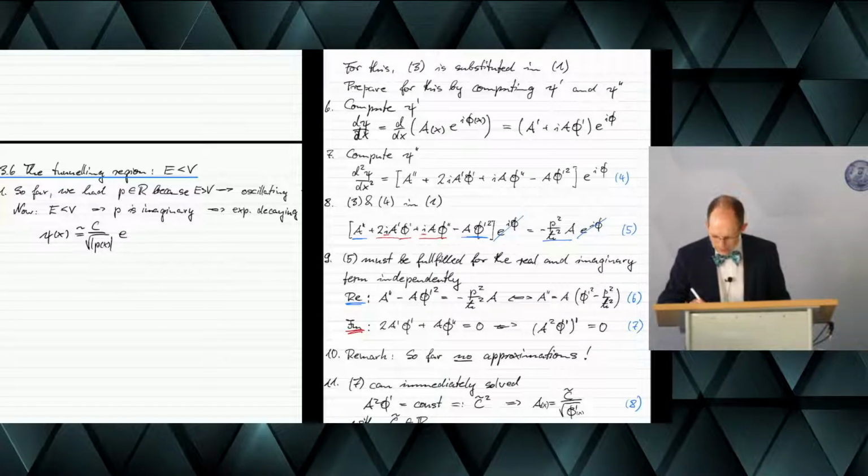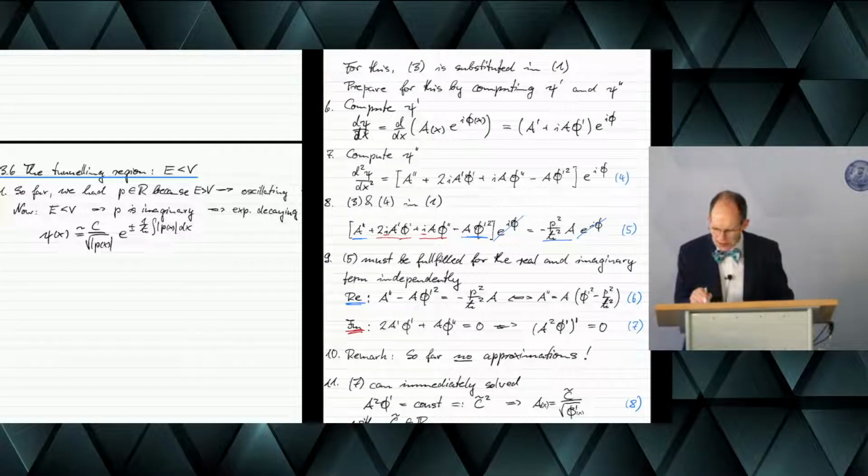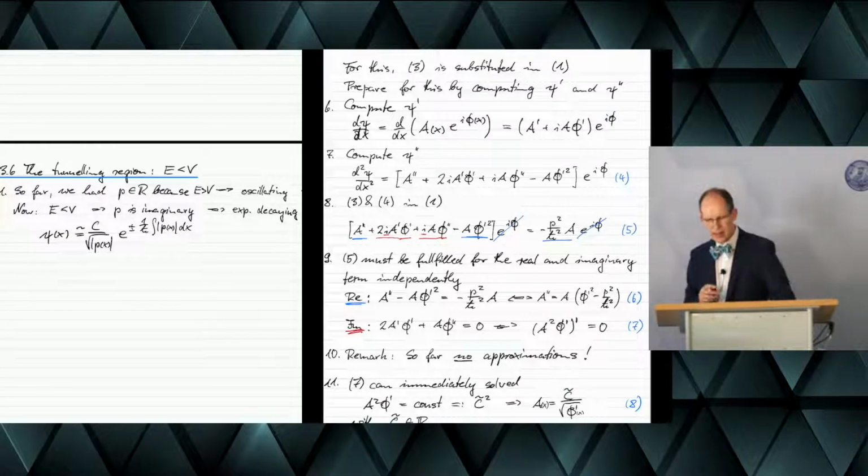Yeah, so we have e to the plus minus 1 over h bar, and now I write here the magnitude, perhaps p of x, to make this clear. So you see that I have now a real exponent. I multiplied that already out. Initially I had i over h bar and so on, but we know that this here is imaginary, so I multiplied i with i, so I have 1 over h bar just in front of the integral.